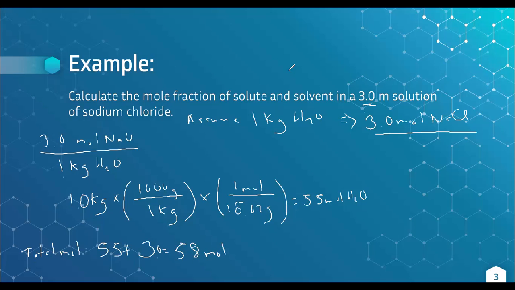Okay, so now we're in a position where we can calculate our mole fraction. We have all the information we need. So if we want to calculate our mole fraction of sodium chloride, this is going to be equal to 3 divided by our total moles, which is 58.